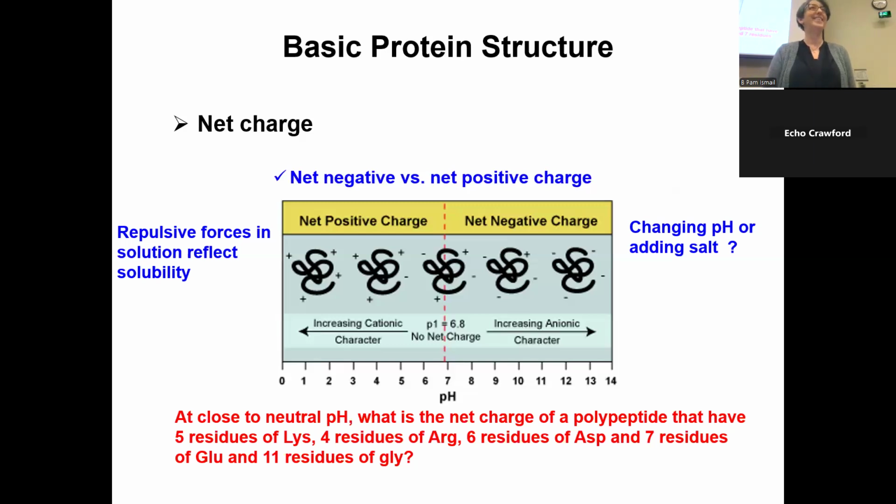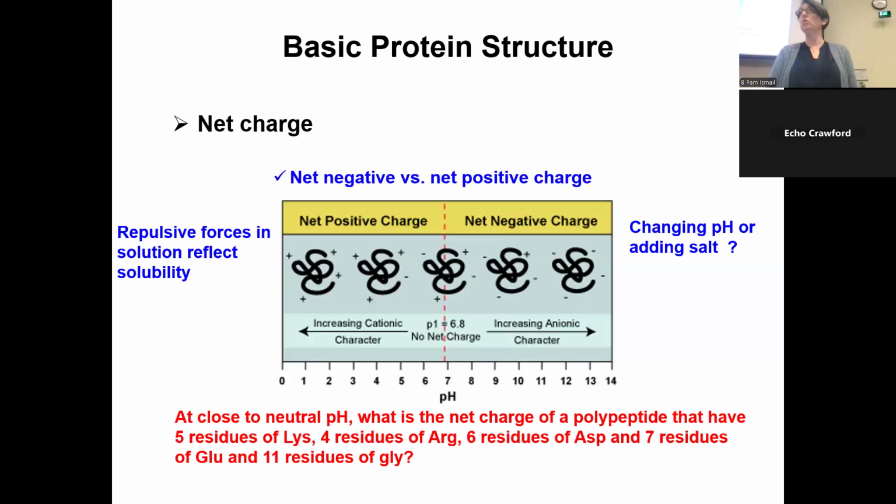-4. Yes. So you have 5 residues of lysine that's positively charged, 4 residues of arginine that's positively charged. Both are basic amino acids. So now you have +9. But then you have 6 aspartic and 7 glutamic.